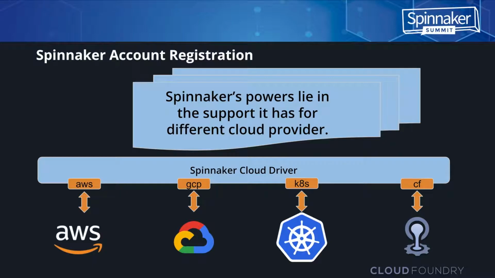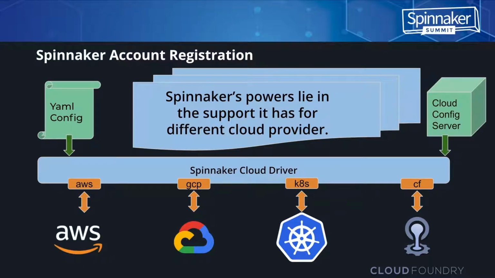So for Cloud Driver to authenticate against these cloud providers, it requires account information for these cloud providers. It also requires that information and the credentials to be loaded into it. The way it's done is that these account information or credentials are provided to Cloud Driver using the YAML configuration file that already comes with the microservice, but you can also use other means to load this account information.